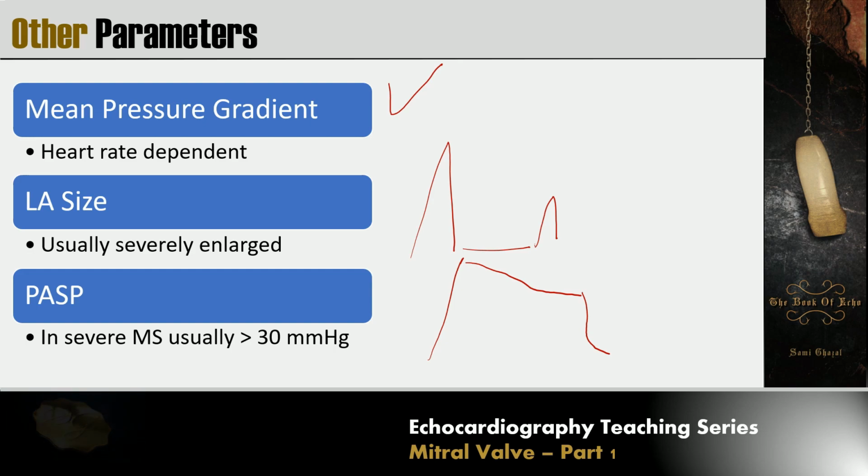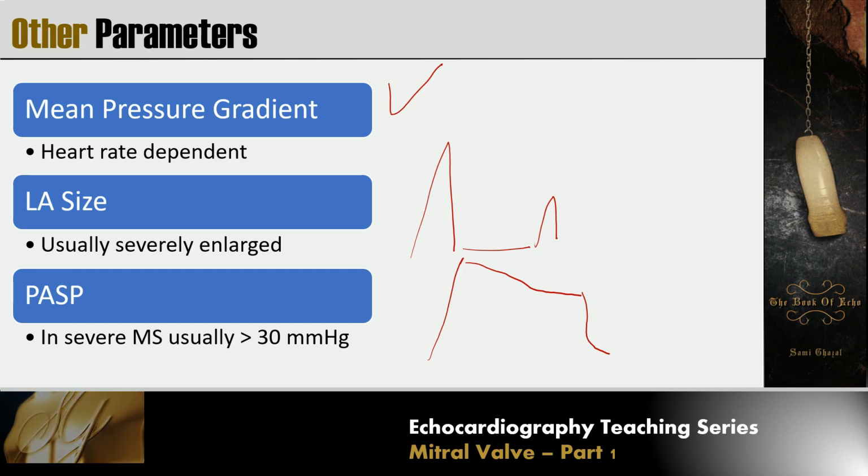Another thing is, many times in rheumatic mitral stenosis or rheumatic heart disease where we have mitral stenosis, there will be a coexisting mitral regurgitation. And if there is a significant MR, i.e. moderate or more, that will also cause an increase in the gradient.